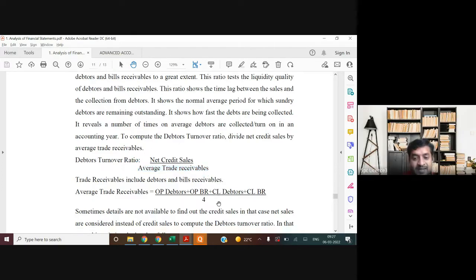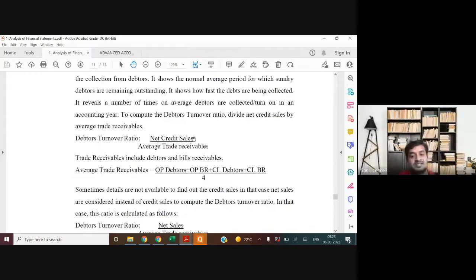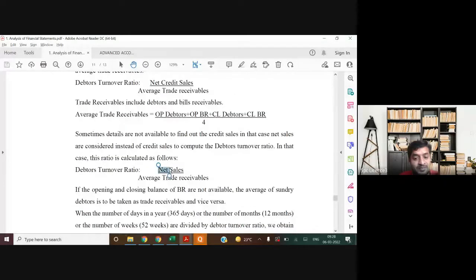Sometimes the credit sale figure is not provided in the problem. That time, instead of credit sale, consider the net sales. Just like in the stock turnover ratio, I told you the formula is cost of goods sold divided by average stock.